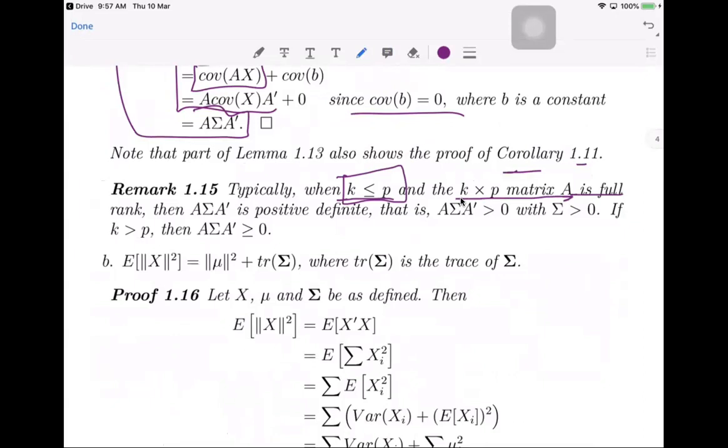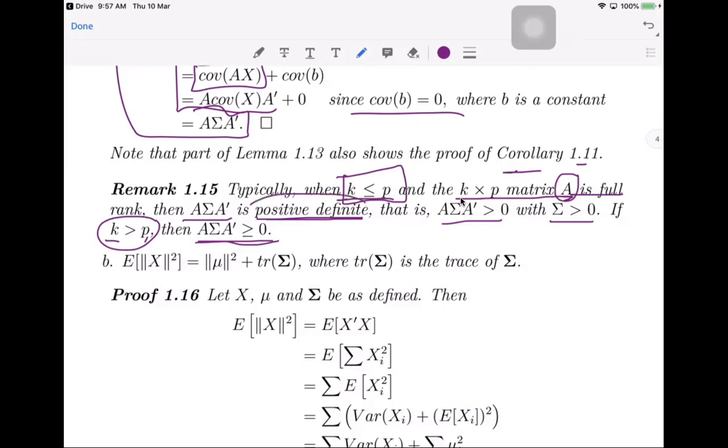And if A is of full rank, then A sigma A prime will be positive definite, given that sigma is also positive definite. Otherwise, if K is greater than P, where K and P are the dimensions of your A, then it is only non-negative definite. You have A sigma A prime is non-negative definite.